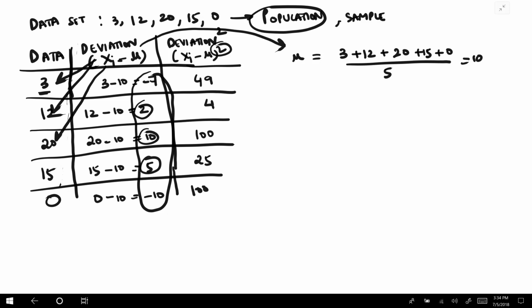Now we can take the average of these values.